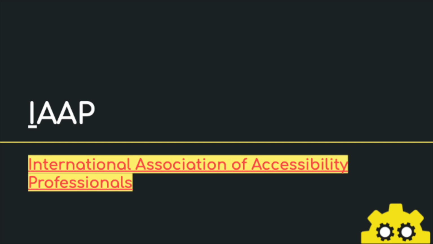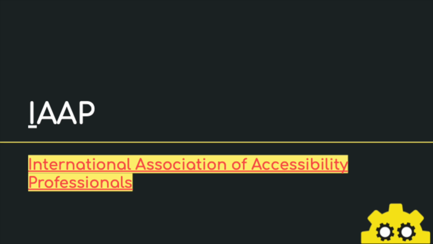And then this is the last one I have, the IAAP, the International Association of Accessibility Professionals. They have a lot of great resources. They have a certification program for different levels of accessibility certification.